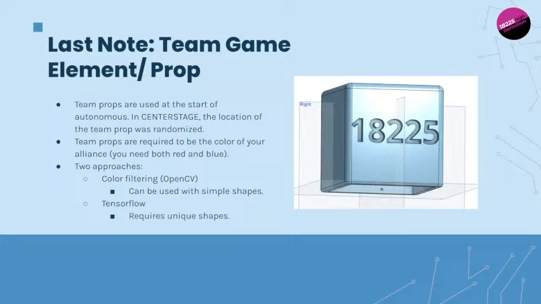The last note is the team game element, which I mentioned a few times before. Teams have an option to use a custom game element in every match, and the reason for this varies on the season. But there are a few rules. The team prop has to be either a blue one and a red one, and it has to have your team number on it.